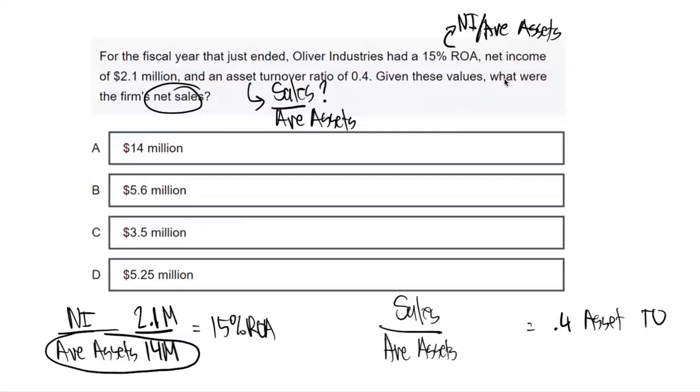Very good. And then you copy your average assets here. And now we compute for the sales. Sales divided by 14 million equals 0.4. So si sales mo mas maliit sa 14 million. So that would be 5.6 million. Very good. So your answer would be letter B.